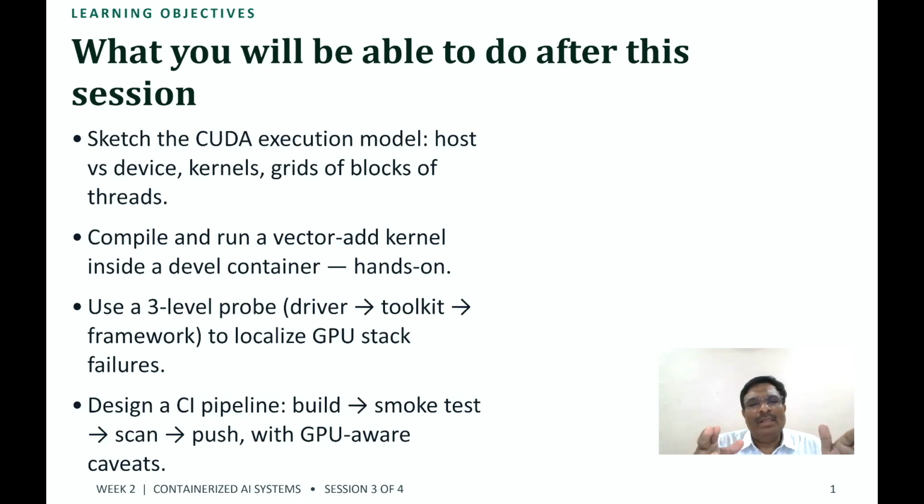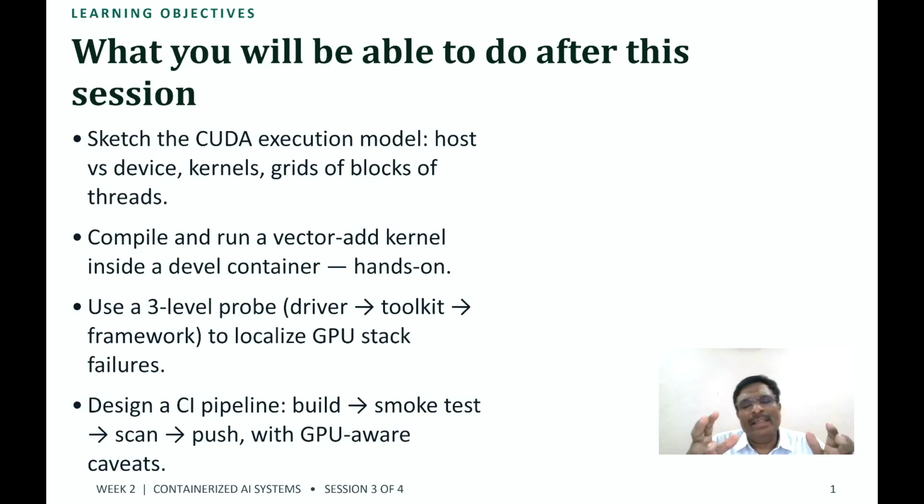That basically means we are trying to understand what's a driver, what's a toolkit, what's the framework, to localize the GPU stack failures. And we'll try to design a continuous integration pipeline. So we build something like the smoke test.